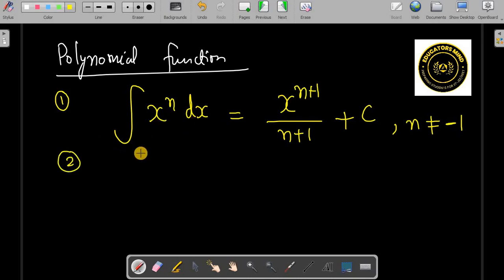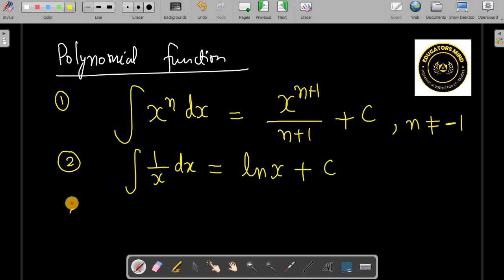What will be the case for n equal to minus 1? That means it will become integral of 1 by x dx. That we already discussed: integral of 1 by x is ln x plus c, right? Similarly, you can do it for different cases. Suppose it is 1 by x square.